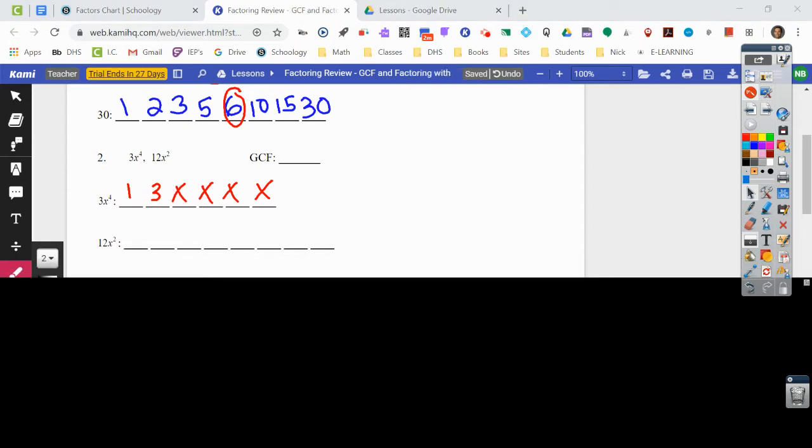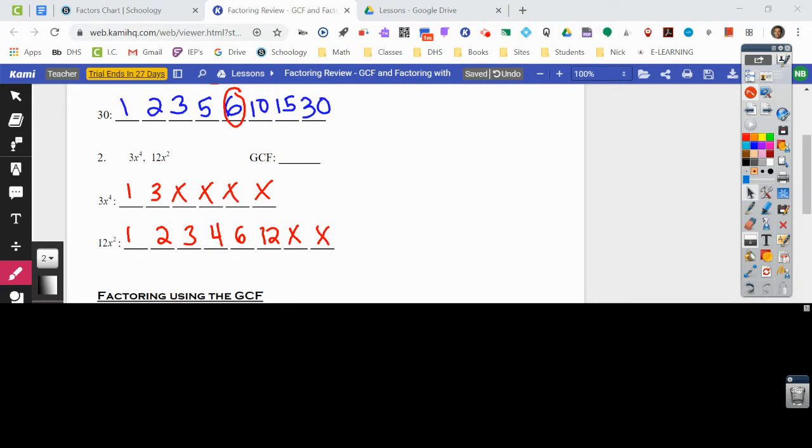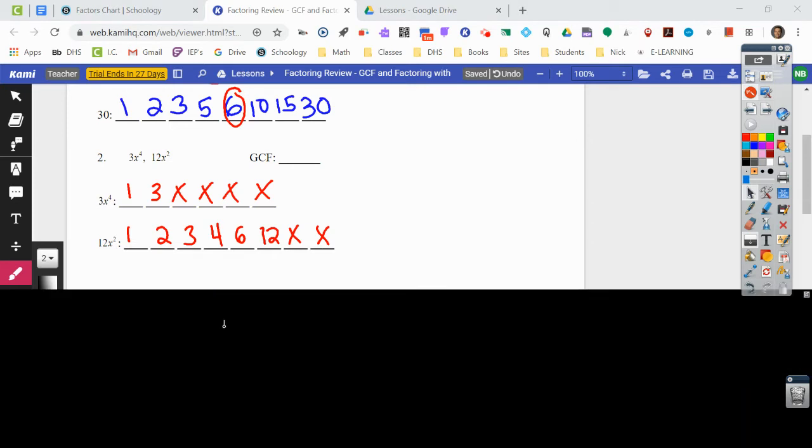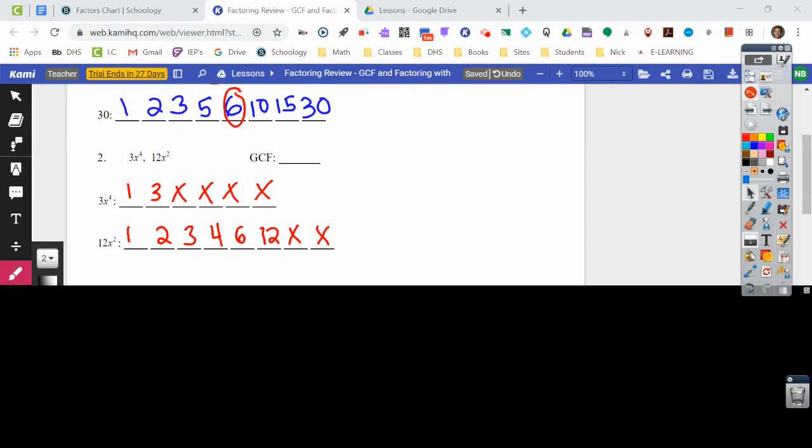Now I get to find my factors of 12x squared. Again, I want to list out my x's first, so I have 2 x's there. And now I have 1 times 12, 2 times 6, and 3 times 4. Now that I've listed out all my factors, I want to find the greatest thing in common between both my numbers and my letters.